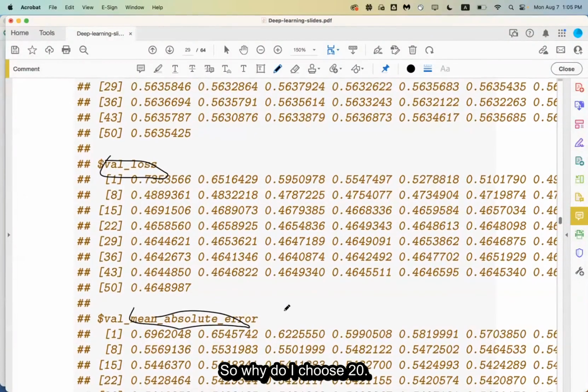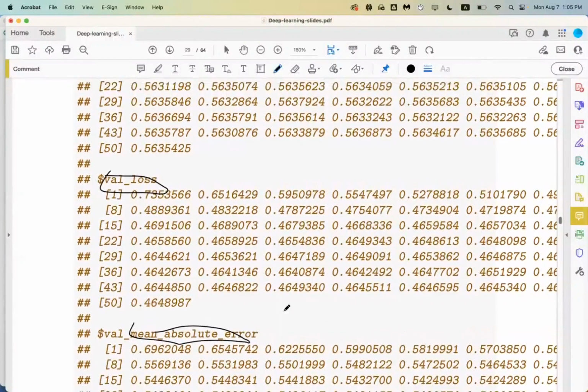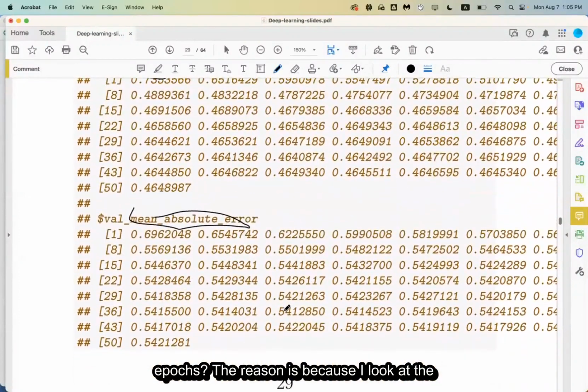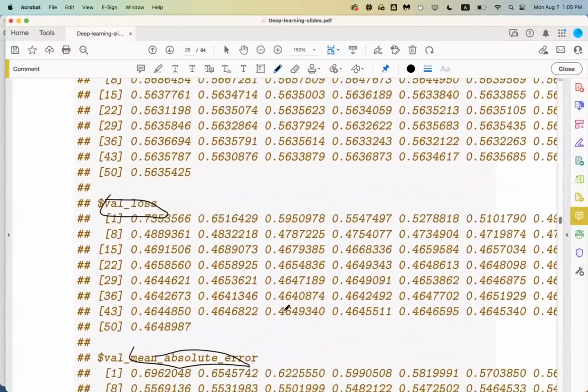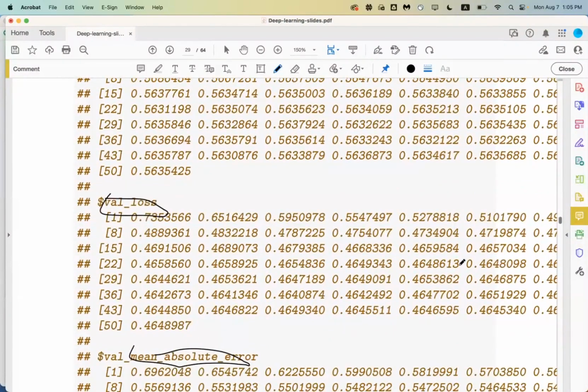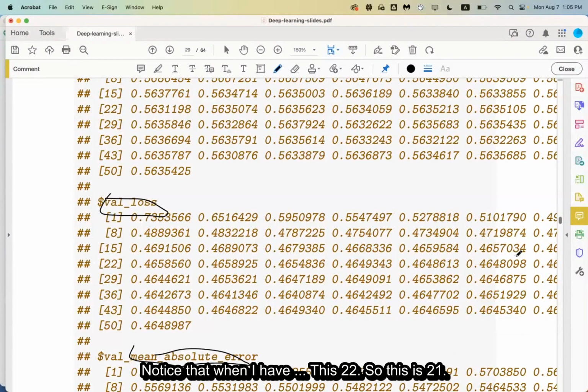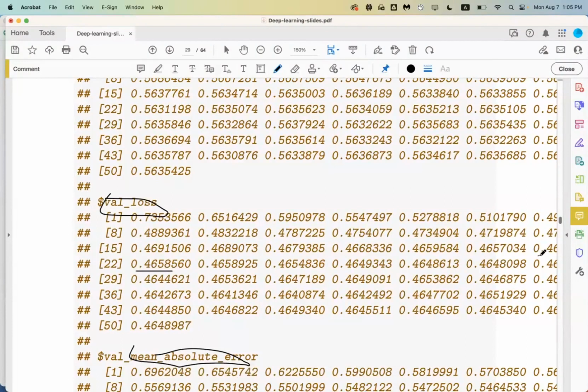So why did I choose 20 epochs? The reason is because I look at my loss here. Notice that this is 22, this is 21, and this is 20. Okay.